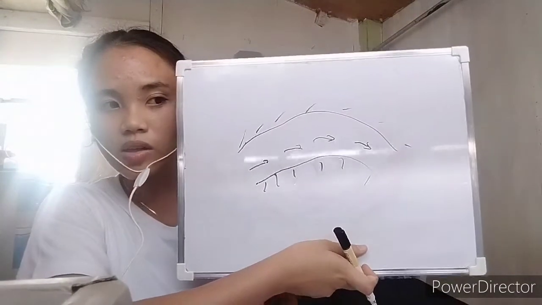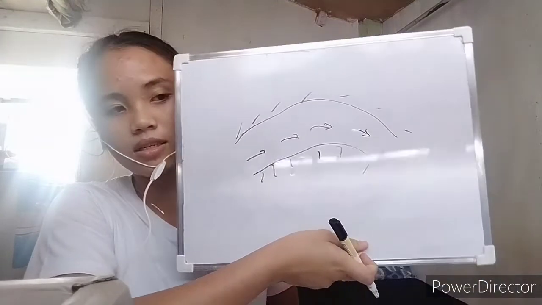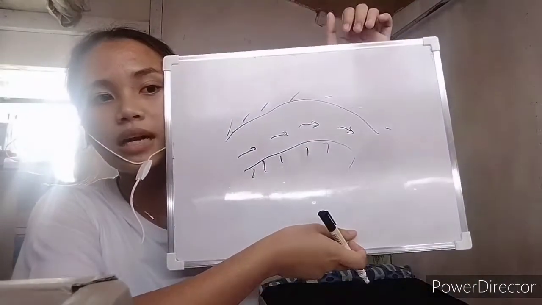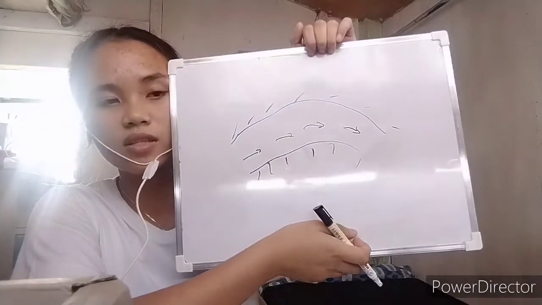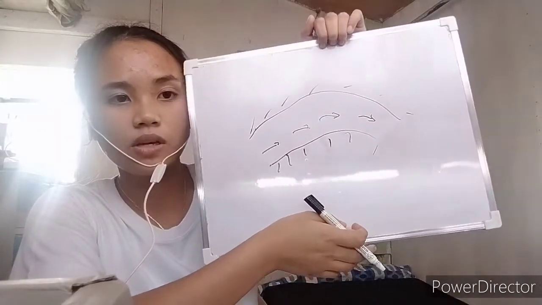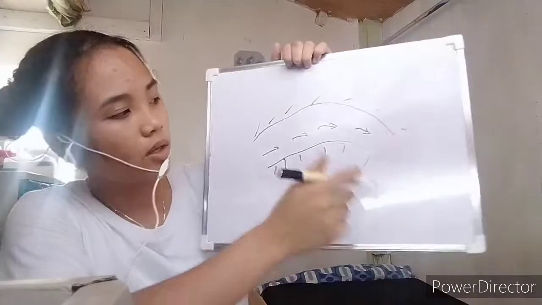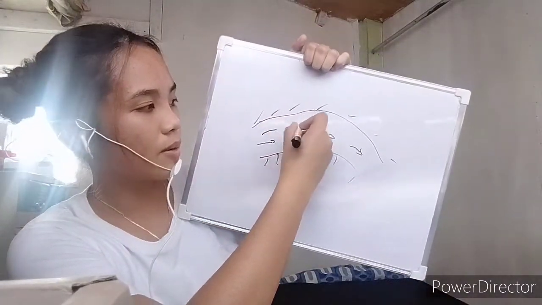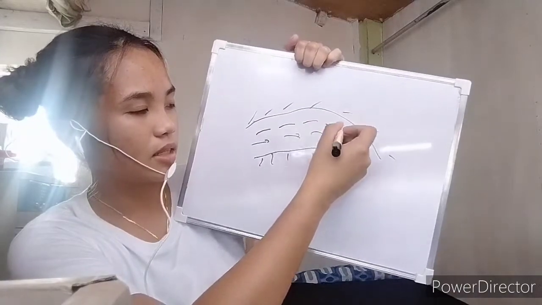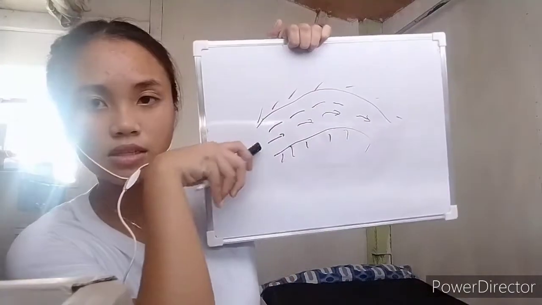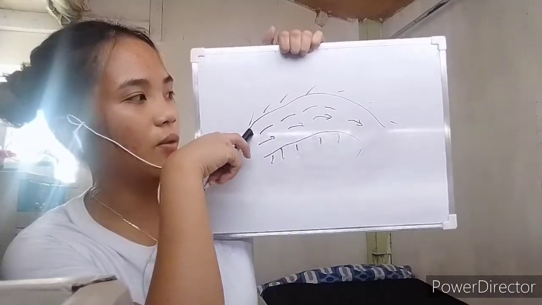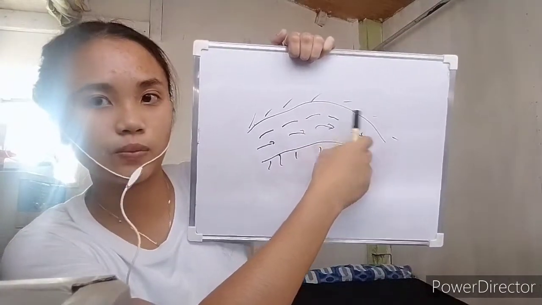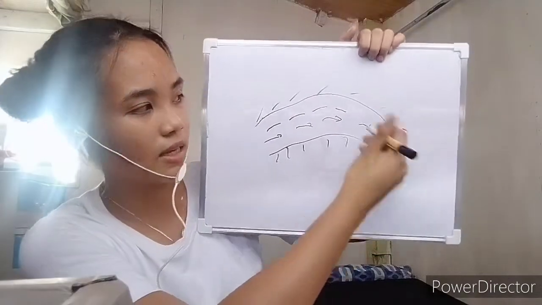Since streamlines are a family of curves whose tangent vectors constitute the velocity vector field of the flow, we're gonna draw here a broken line. Say for example, this is my house and I want to go to Gaisano. So these are the steps that I take. The broken lines are the steps that I take.